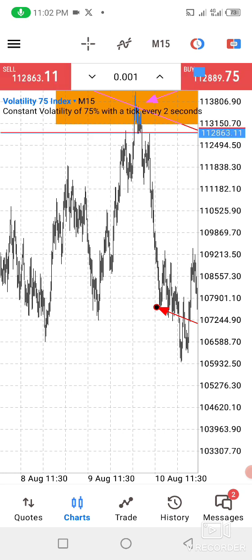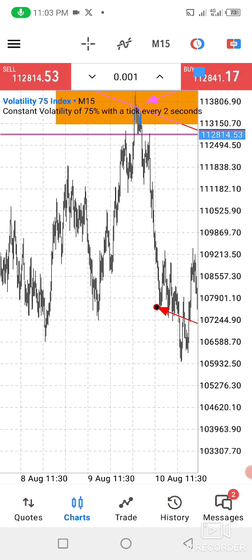We need the asset to reject from that trend line. We need the price not to break the trend line. Then that's the first element of the processing.